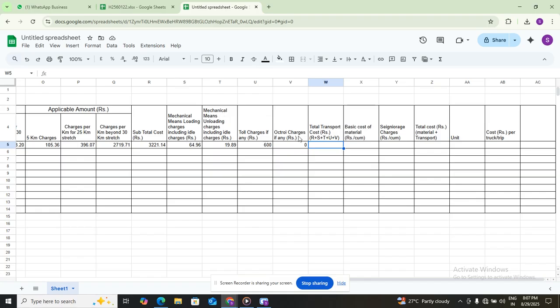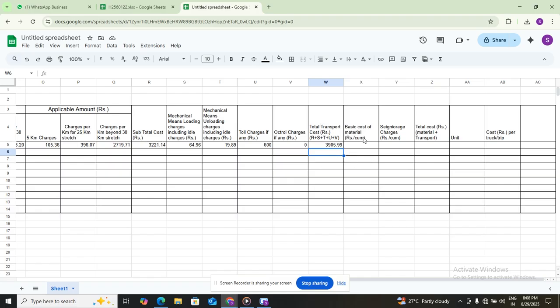We need to add everything: the subtotal, plus mechanical, toll charges, and octroi charges also we need to add. This is the total transport cost, approximately 3,905 or 3,906 rupees.